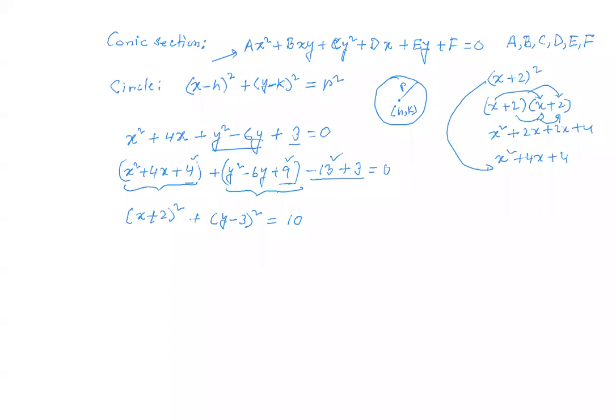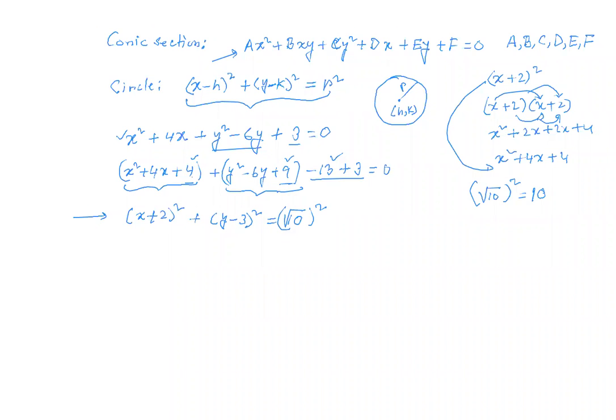I can do that. So now I took this equation and restructured it in the format of the circle equation. 10 is the same as square root of 10 whole square, because square root of 10 whole square is just 10.